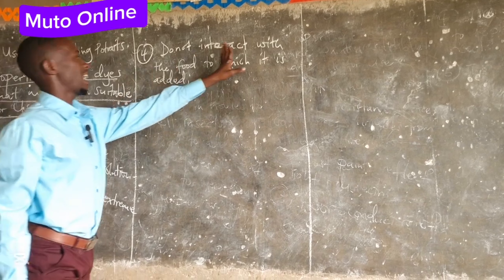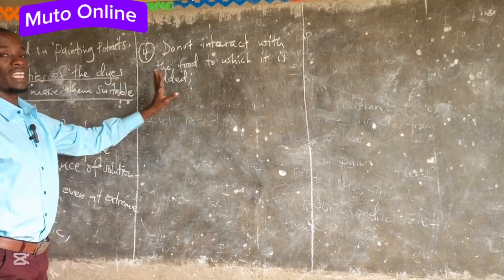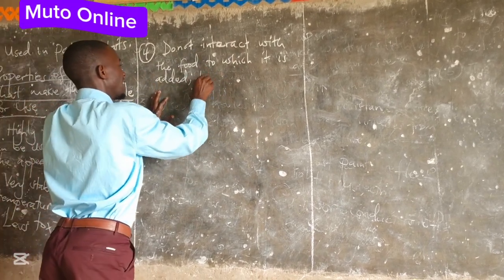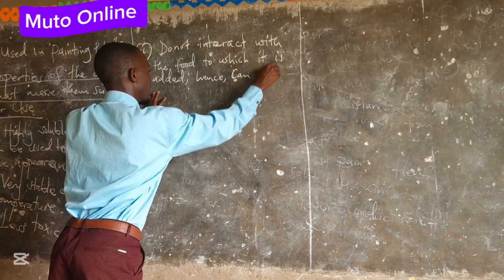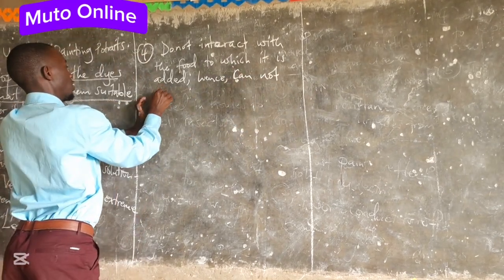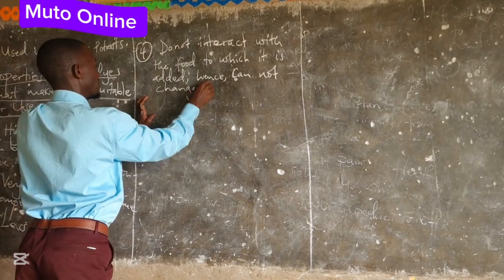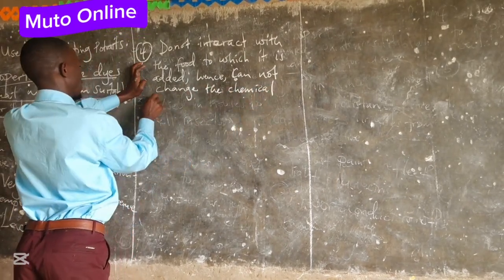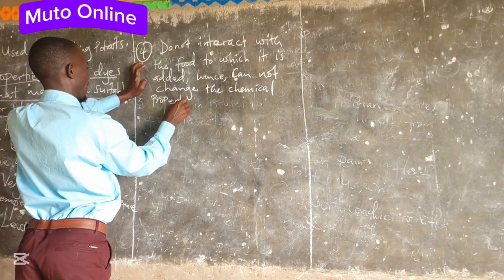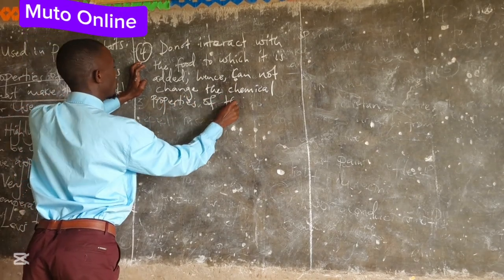If it does not interact with the food to which it is added, that means it cannot change the chemical properties of that food.